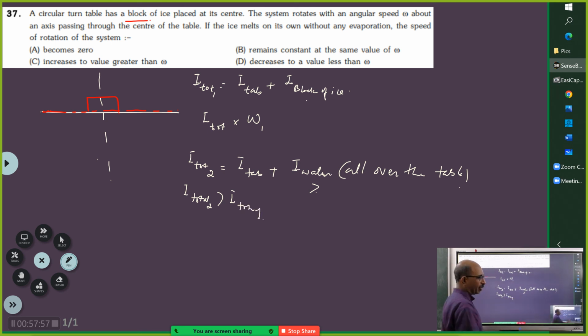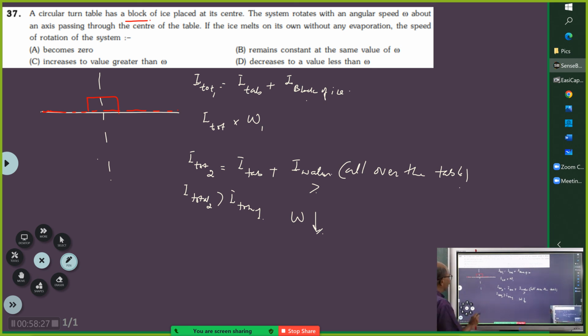Because the water is spread, the moment of inertia will increase, and therefore omega will decrease. As the ice is melting, omega will start decreasing.